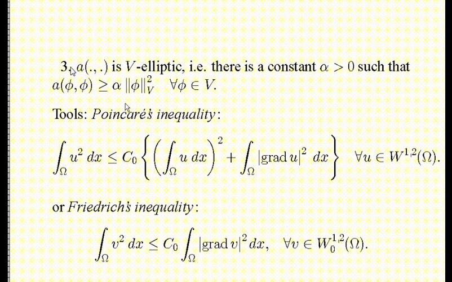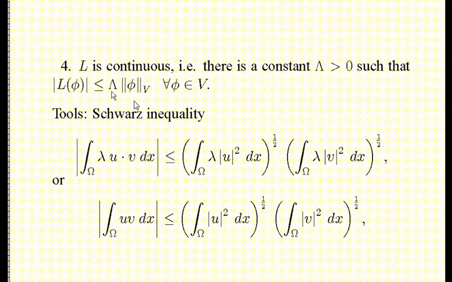The third property, connected to the V-ellipticity, is often proved by using the Poincaré inequality or the Friedrichs inequality. So when we have a problem where the boundary conditions are zero, we usually use Friedrichs' inequality. Otherwise, we have to use this Poincaré inequality. In order to prove property 4, we also use the Schwarz inequality.